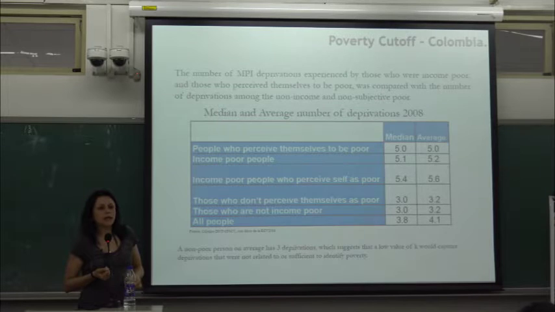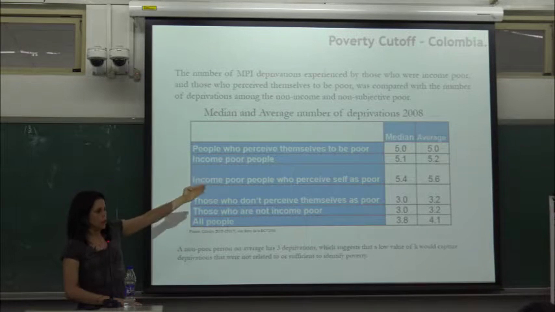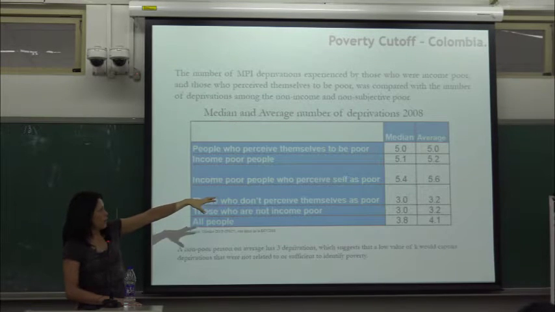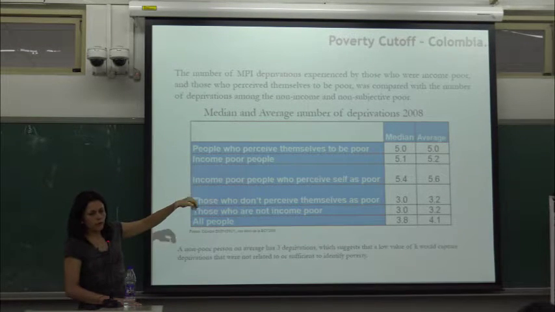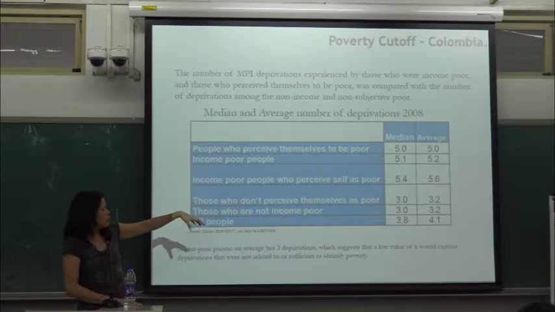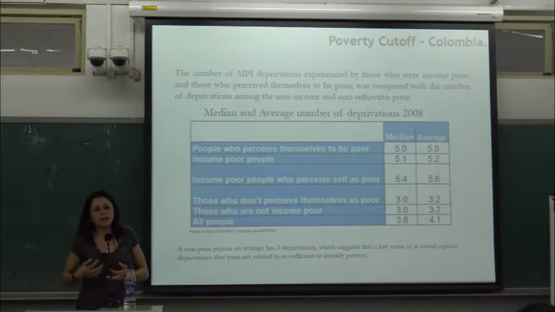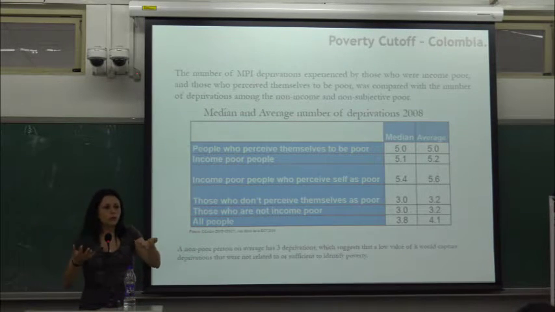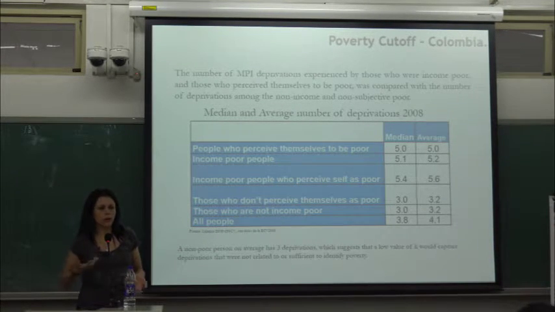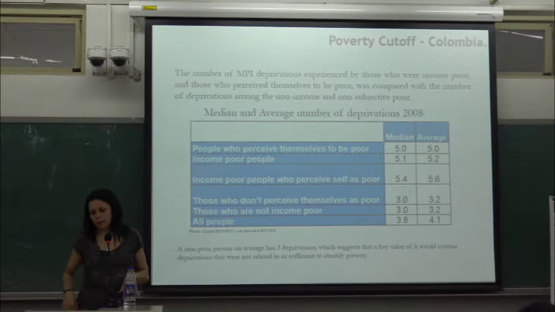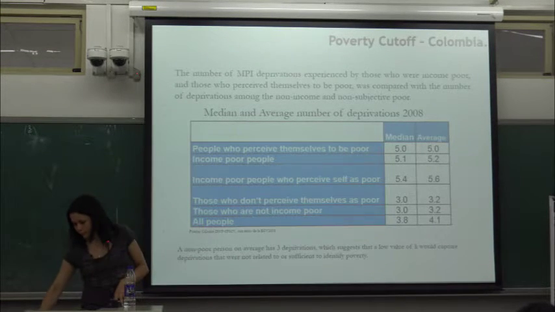And as Sabina said, they found out that people who were income poor were, on average, deprived in 5.2 indicators, and those who were not income poor were deprived in 3.2. So they realized that this was almost comparable between those who perceive themselves as poor and those who are income poor. So they decided that poverty could be based on that.